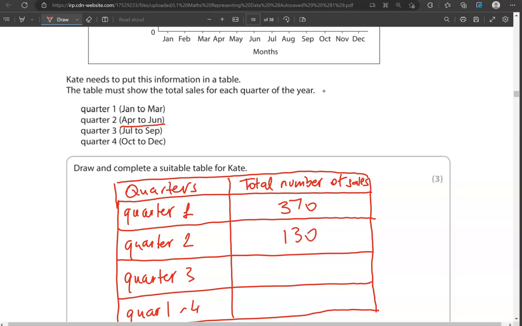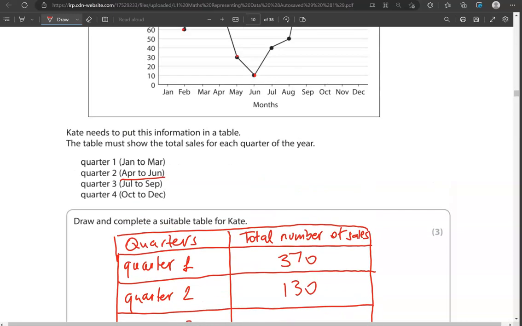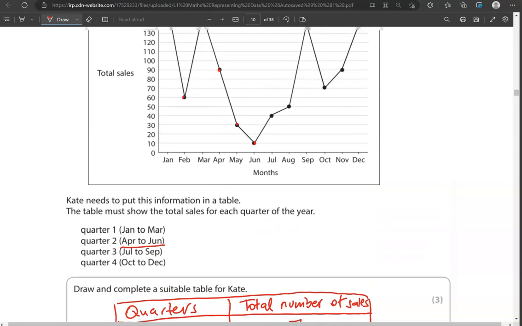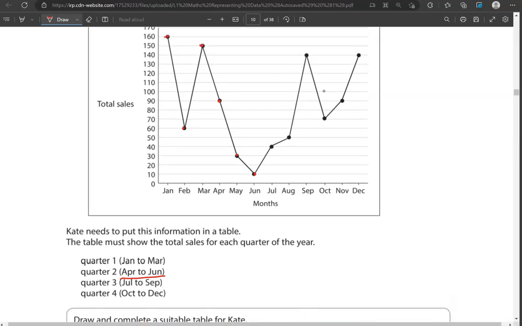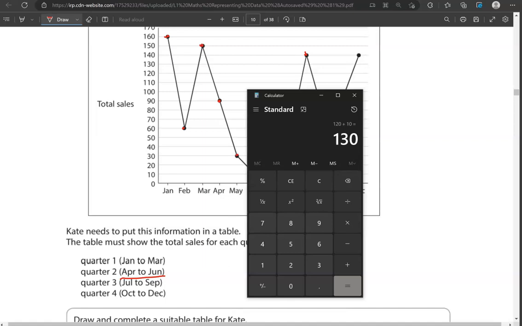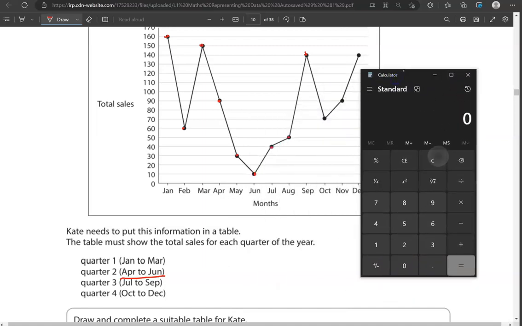Quarter 3 covers July to September, so July 40, August 50 and September 140. So that is 230 in total.